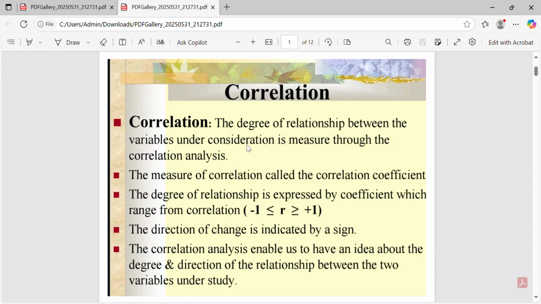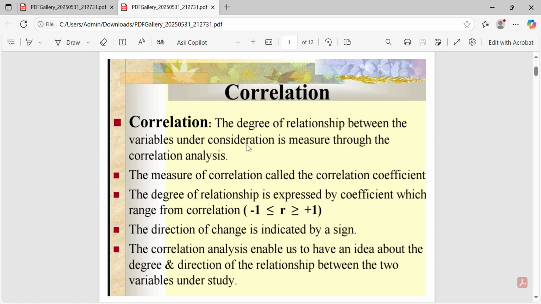The degree of relationship is expressed by the correlation coefficient, which is defined by the symbol r, and r has a range of -1 to +1. The direction of change is indicated by a sign. Correlation analysis involves various methods by which the degree of relationship between two variables can be studied and measured.